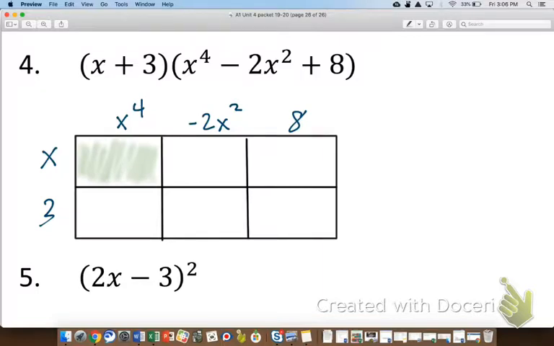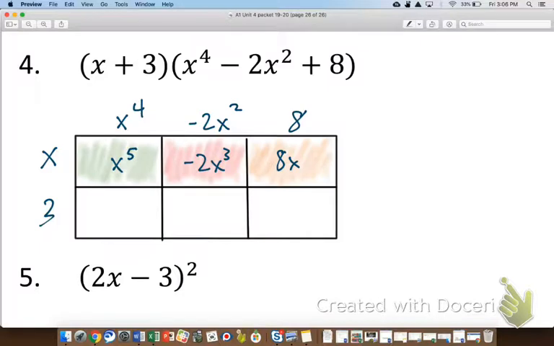What do you think the green box should have? What do you think, Sophia? X to the 5th. Okay. Any takers on the red box? Negative 2x cubed. Agreed. All right. How about the orange box there on the very end, Bray? 8x. That works. 8 times x. Positive.